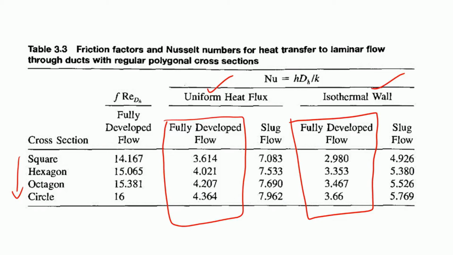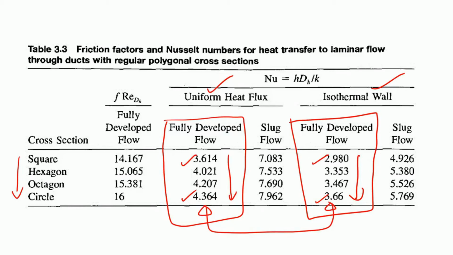As we move closer to a circle, the Nusselt number increases, that is the heat transfer coefficient also increases, for both the isothermal wall as well as the uniform heat flux case. So, from 3.6 all the way up to 4.3 we move, and here from 2.98 all the way up to 3.66.